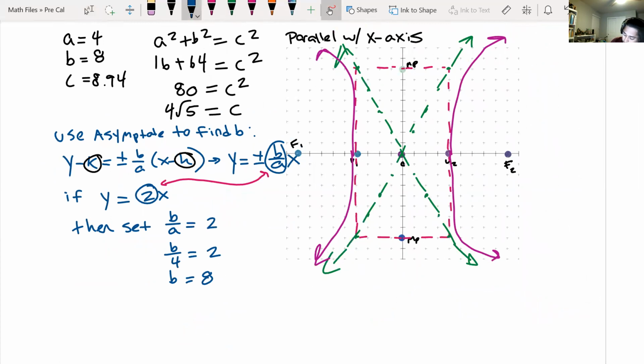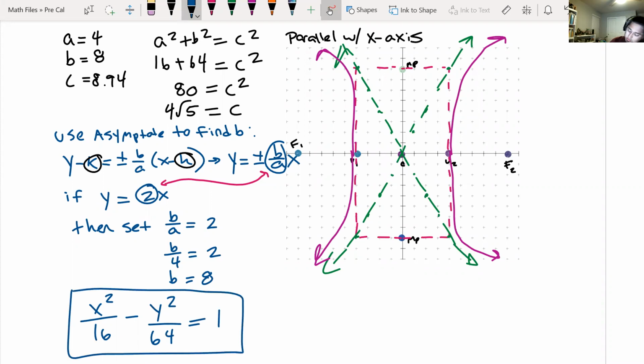First off, starting with the equation, I'll have x squared over a squared, which is 16, minus y squared over b squared, which is 64, equal to 1. There's our equation.